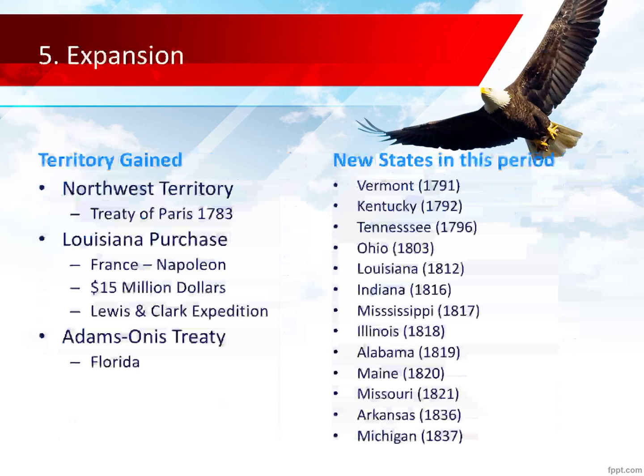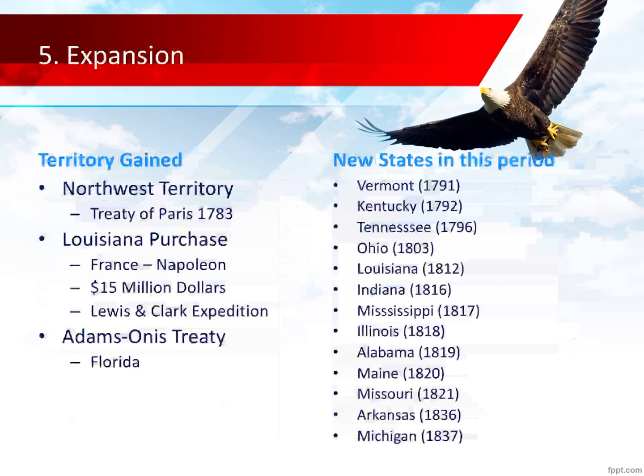We had laid claim to what is the Northwest Territory, but the British didn't exactly agree with us. Of course, they didn't agree with us at all. That's why we fought a war with them, obviously. But by the Treaty of Paris in 1783, we had officially gained the Northwest Territory. Again, that is the area between the Ohio River and the Mississippi River up north up to the Great Lakes.